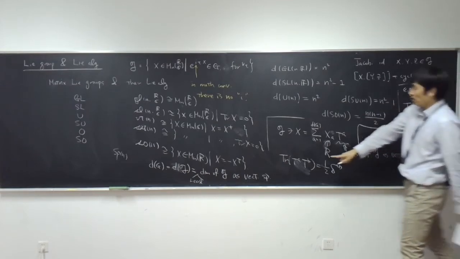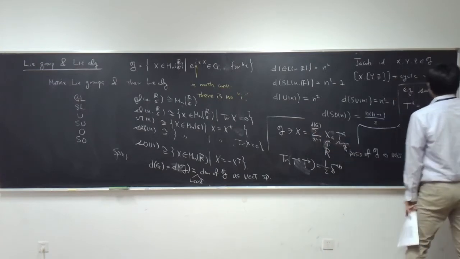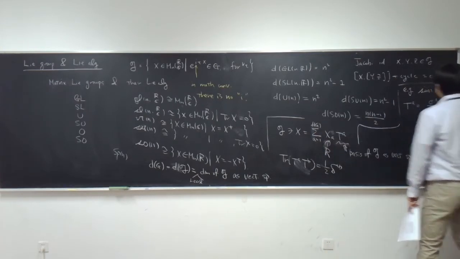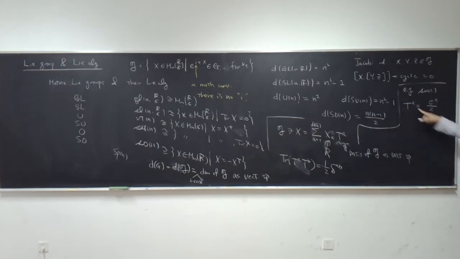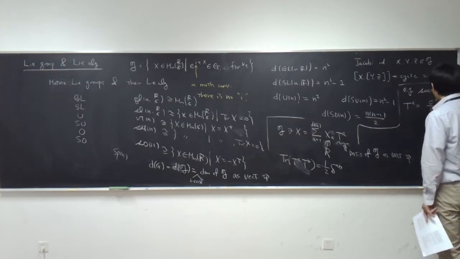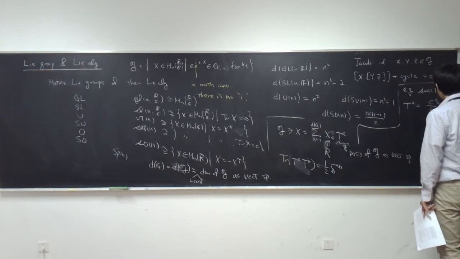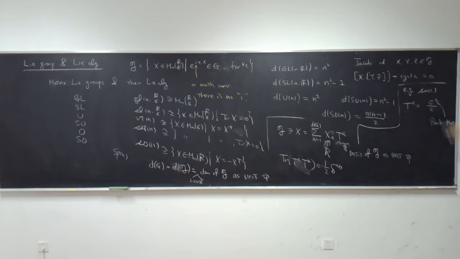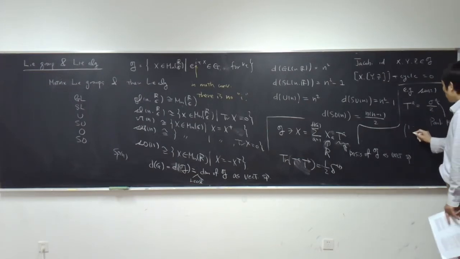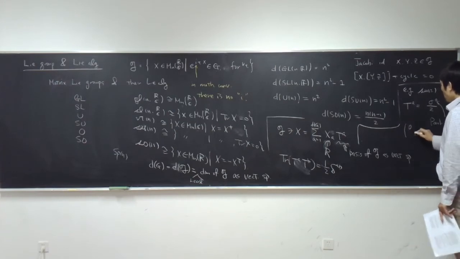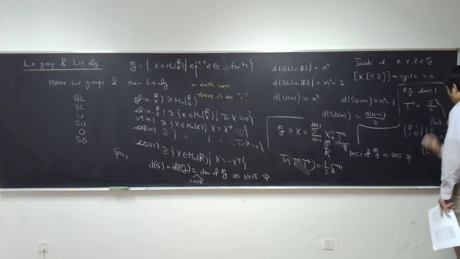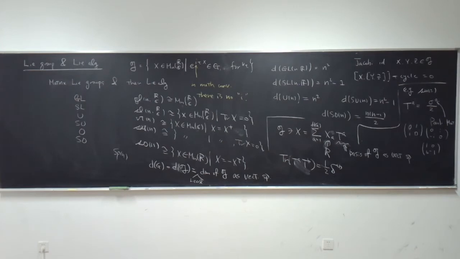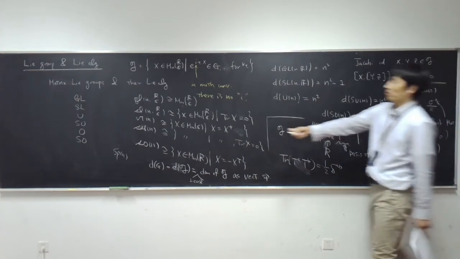Therefore dim of SU(2) is 3, and then one can just take the basis sigma^A over 2, where sigma is the Pauli matrix. The Pauli matrices, as you know, are 0 1 1 0, 0 minus i i 0, and 1 0 0 minus 1. So this, of course, satisfies this condition.